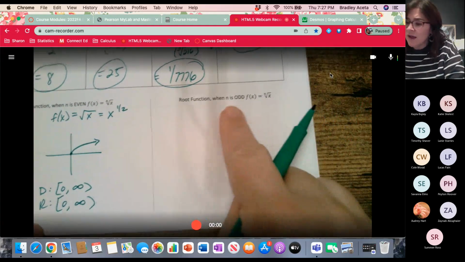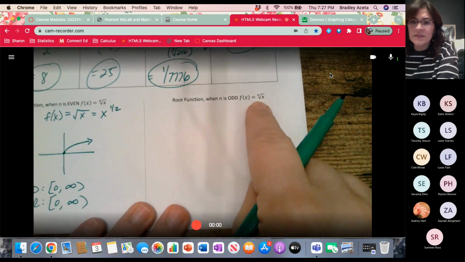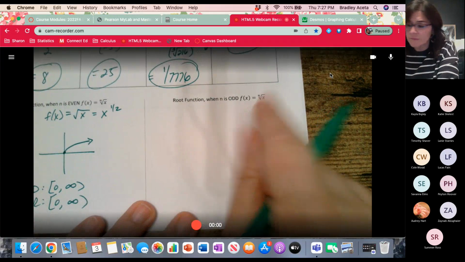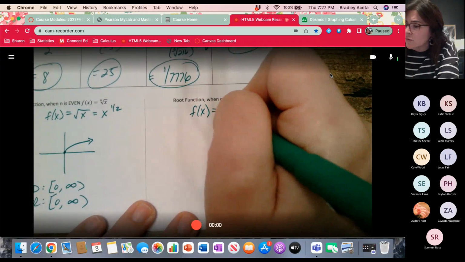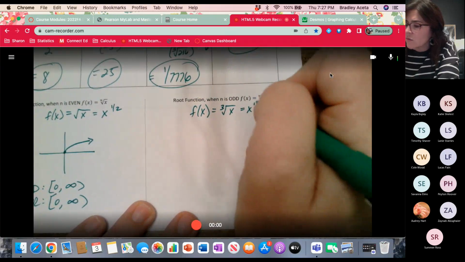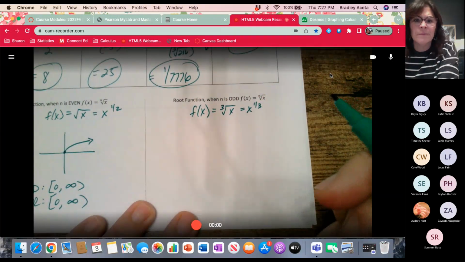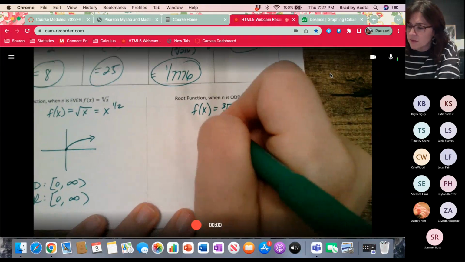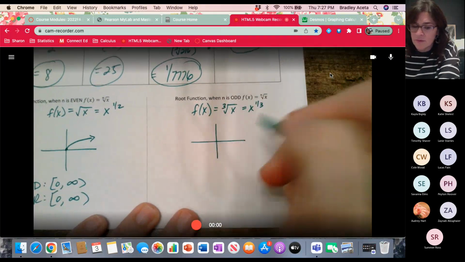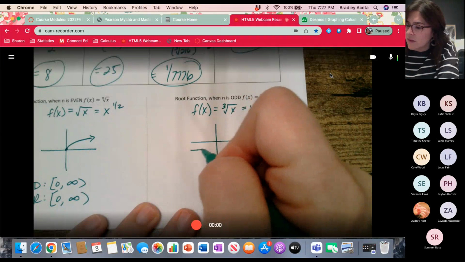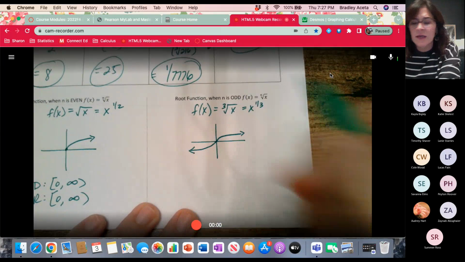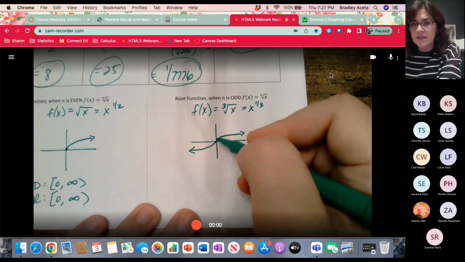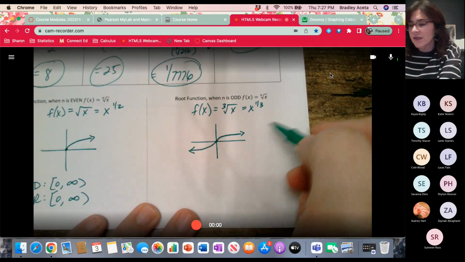If n was odd though, so let's say this was a cube root, f of x equals the cube root of x, which is x to the 1/3, this one looks like this. It doesn't have an asymptote. It does keep curving upward ever so slightly.